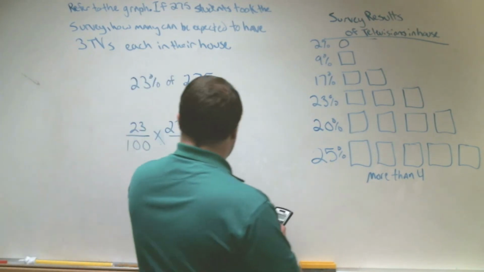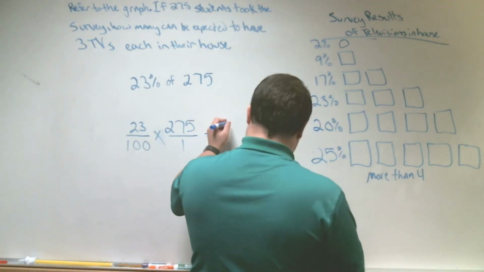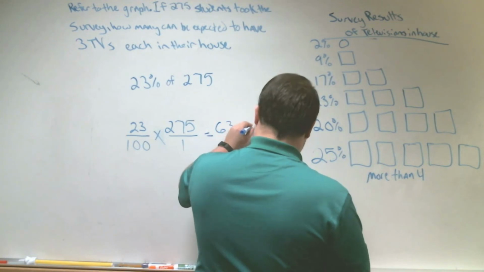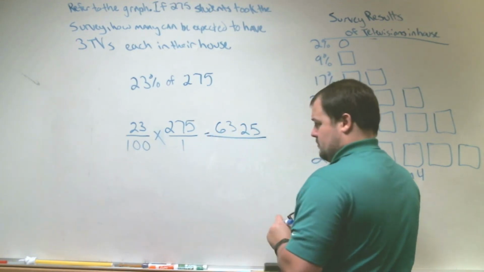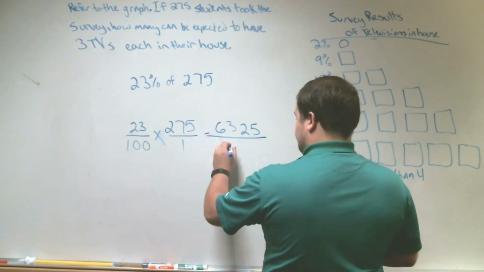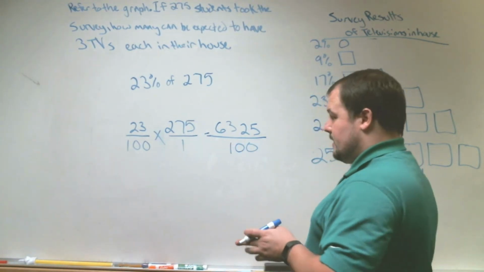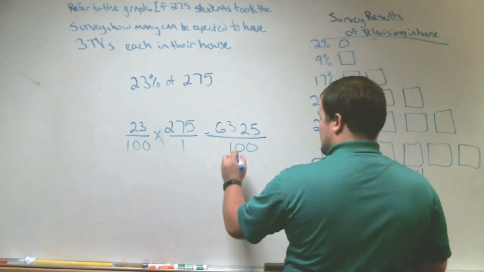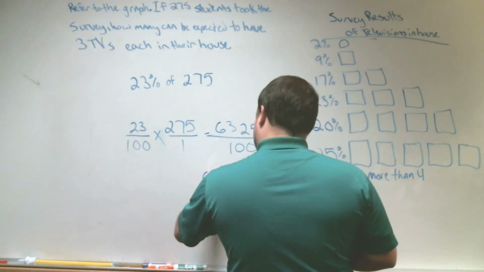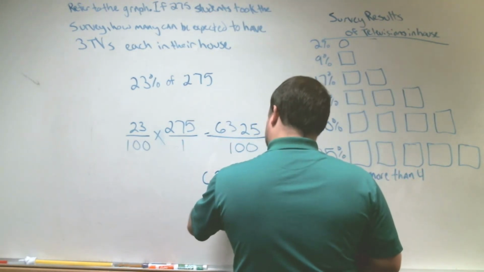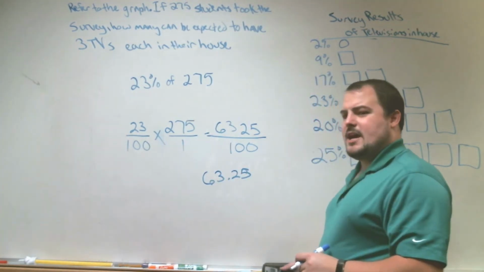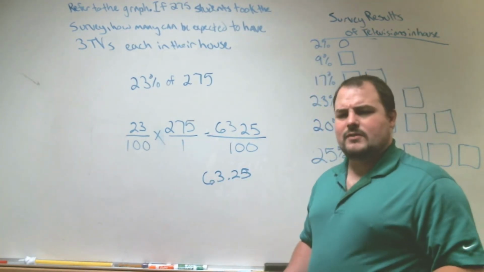I get 6,325. 100 times 1, that's 100. And I know that whenever I divide by 100, that means I take a decimal here and I move it 2 spots over. So that means I get 63.25 students would have 3 TVs in their house.